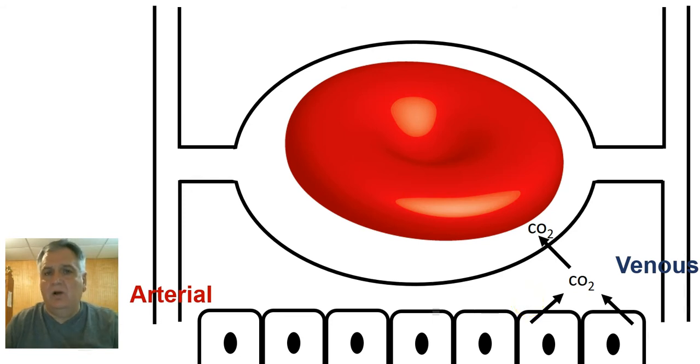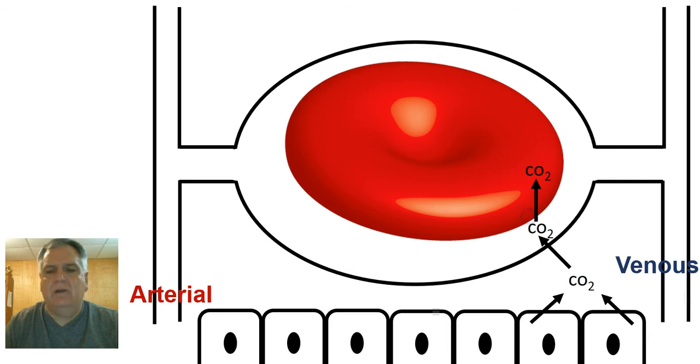Now, a small amount of that carbon dioxide will be carried off along with the plasma. But as we said, carbon dioxide does not mix very well with water molecules, so not very much is going to remain in the plasma. And what's going to happen is the carbon dioxide is going to continue to diffuse along its concentration gradient. So where does it go next?